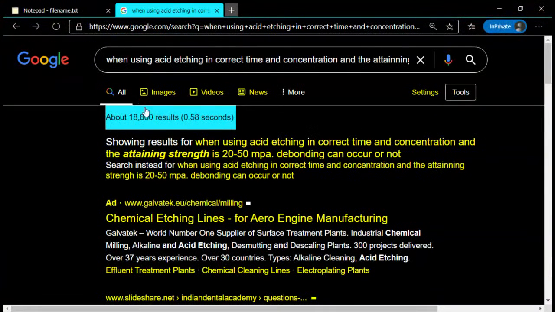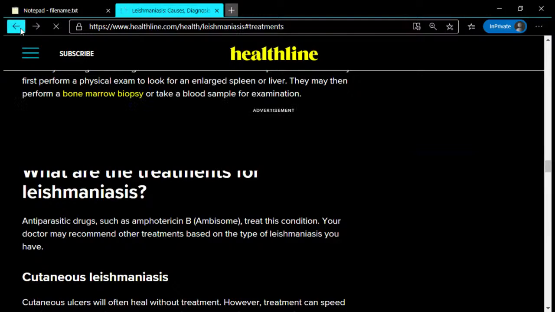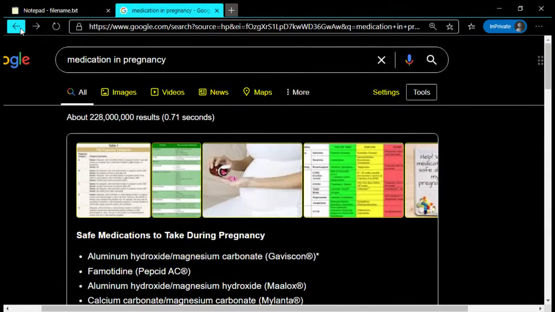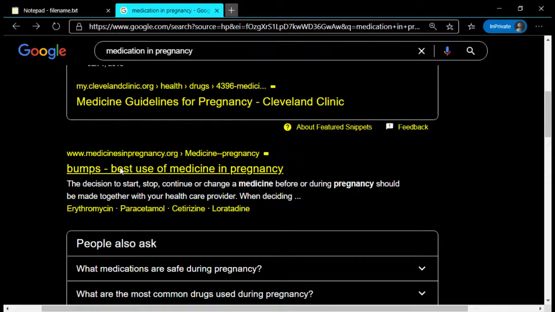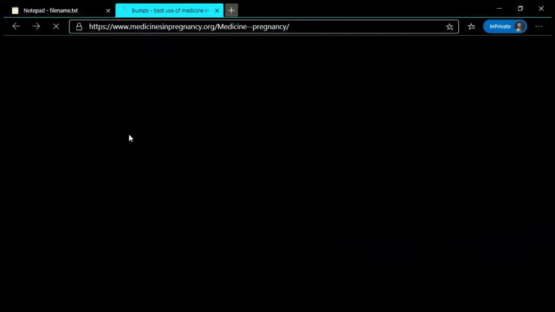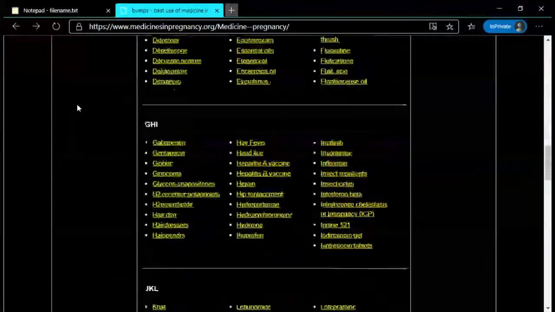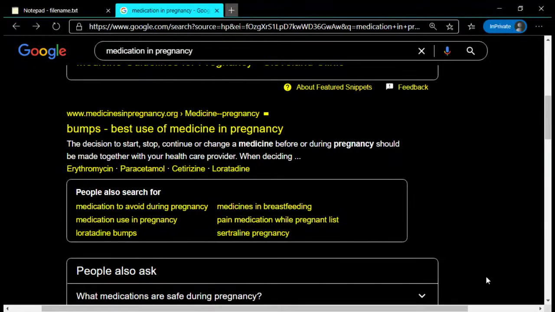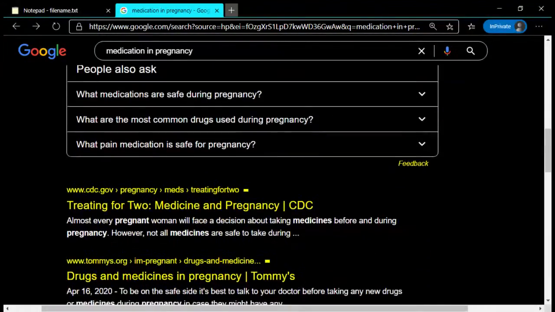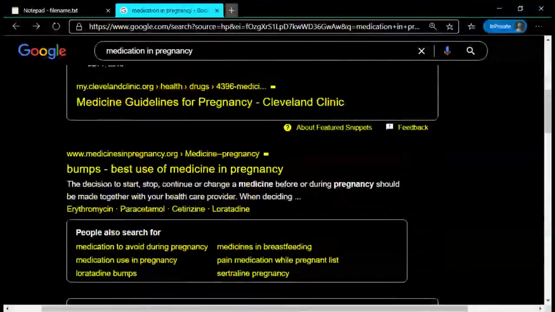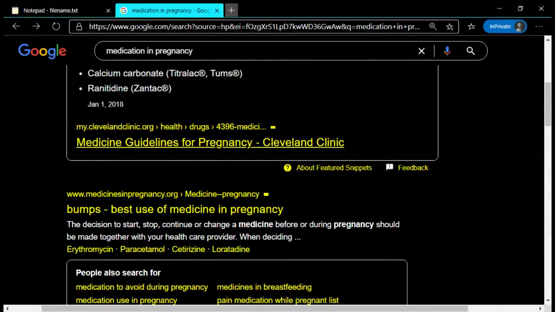See, the resource that we brought this medication for pregnancy from, I don't know if it was Medicine Pregnancy 1, probably not this one. Let's see here. Okay, Cleveland Clinic.